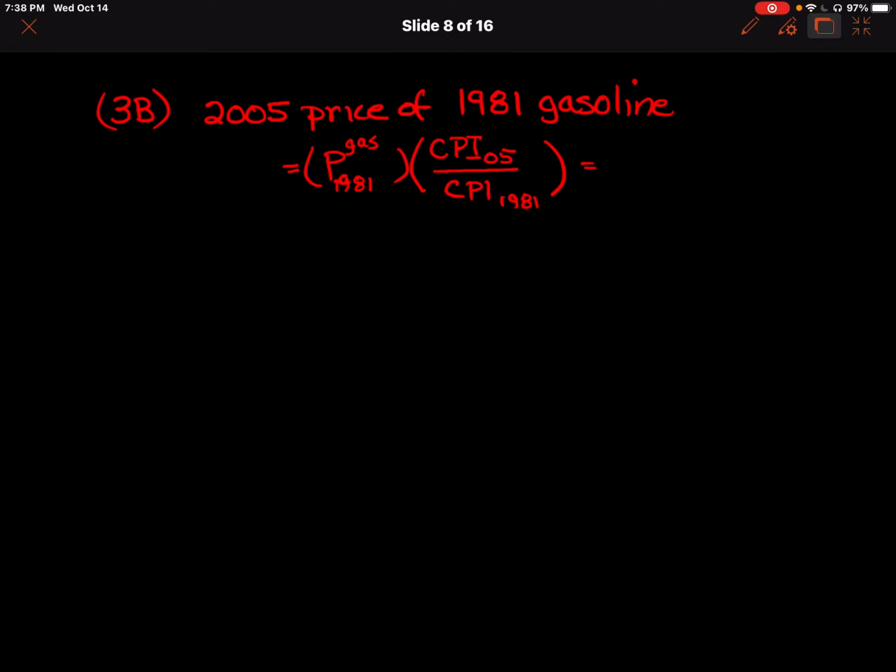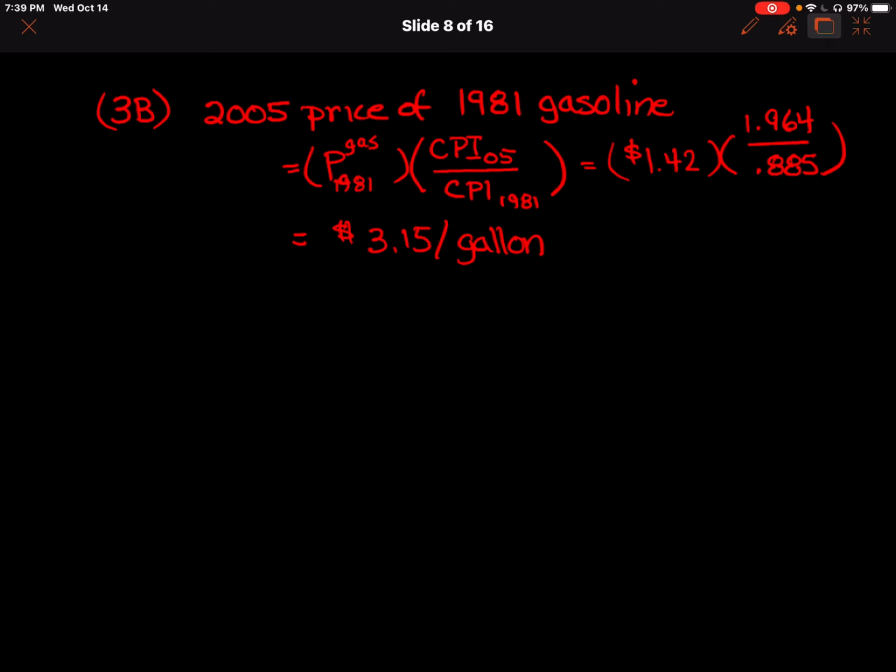And so this would be $1.42 per gallon times 1.964 divided by 0.885, and that would give us a predicted price of 1981 gasoline in 2005 dollars of $3.15 per gallon.